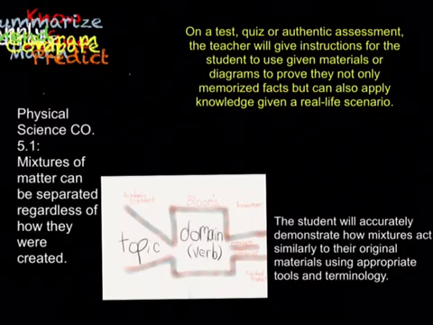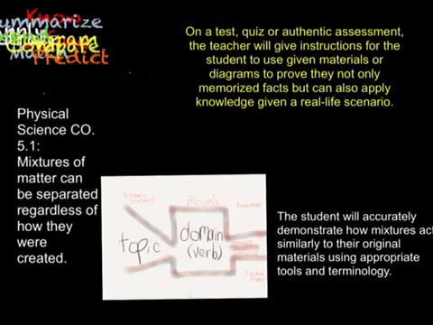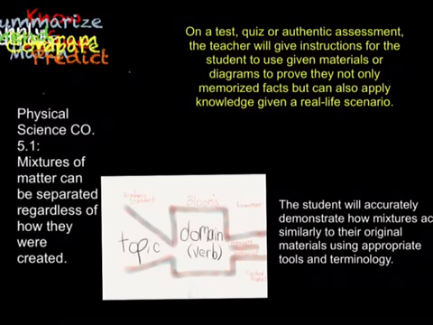That is how Bloom's taxonomy, and in this case, using the example of the verb demonstrate, applies not only to creating the objectives, but then making sure the assessment actually matches that level of thinking.